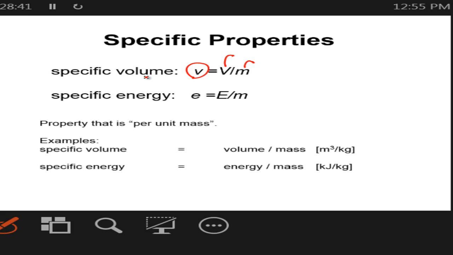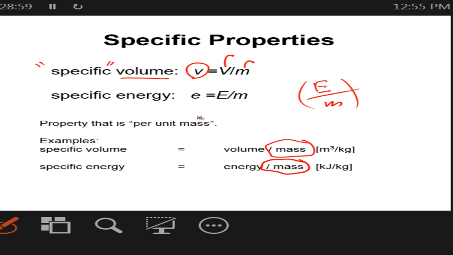You call it not just volume, call it specific volume, and that's an intensive property. Or if I have the total energy and I divide it by the total mass, then I have an intensive property known as specific energy. The key, divide by mass. Then you pick up the term specific.